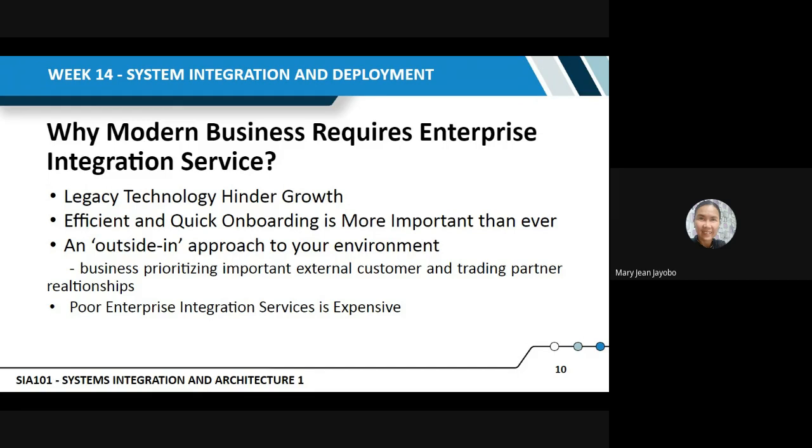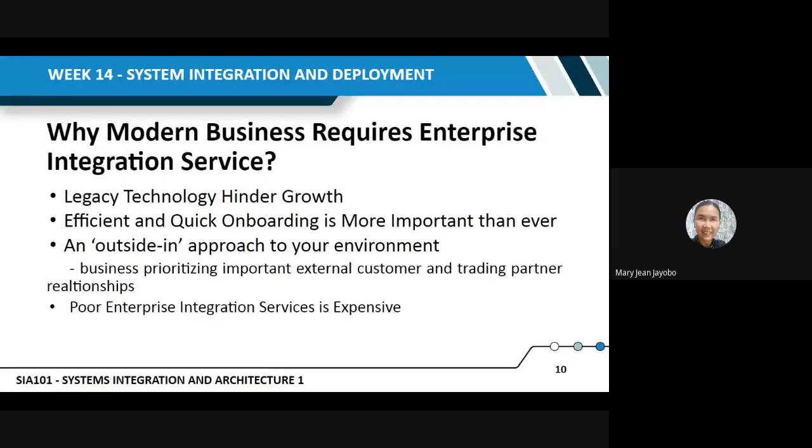So, legacy environment works and might have been reliable for many years, pero of course, they need to update their technology so that para makasabay sila sa business competition ngayon.